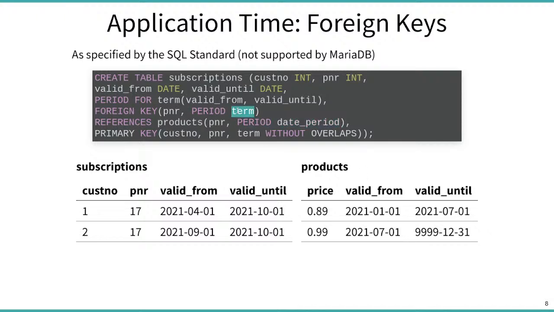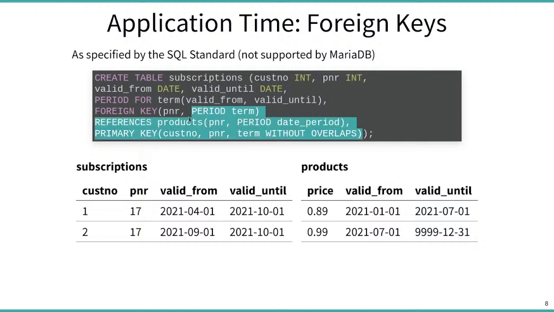So our term period, which is defined by valid from, valid until of the subscriptions, is part of the foreign key referencing the date period, which is the valid from, valid until in the products table.